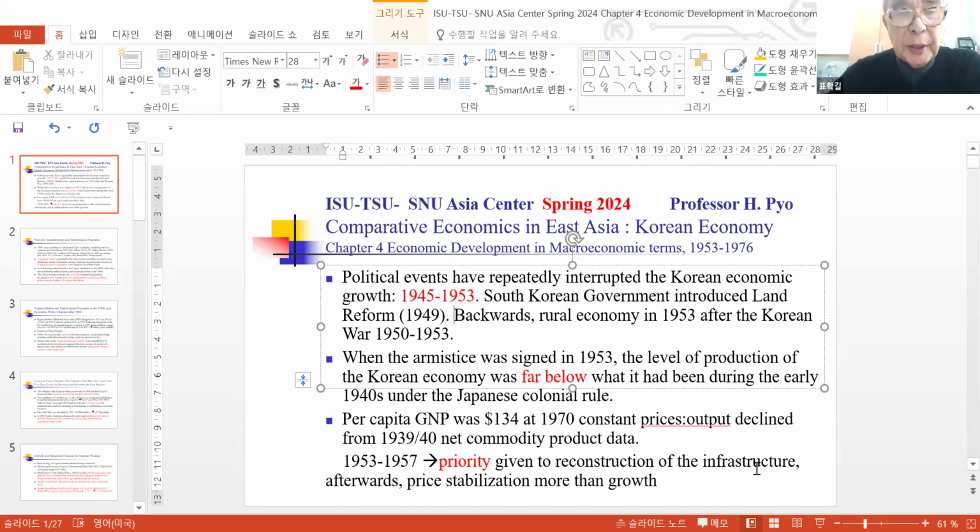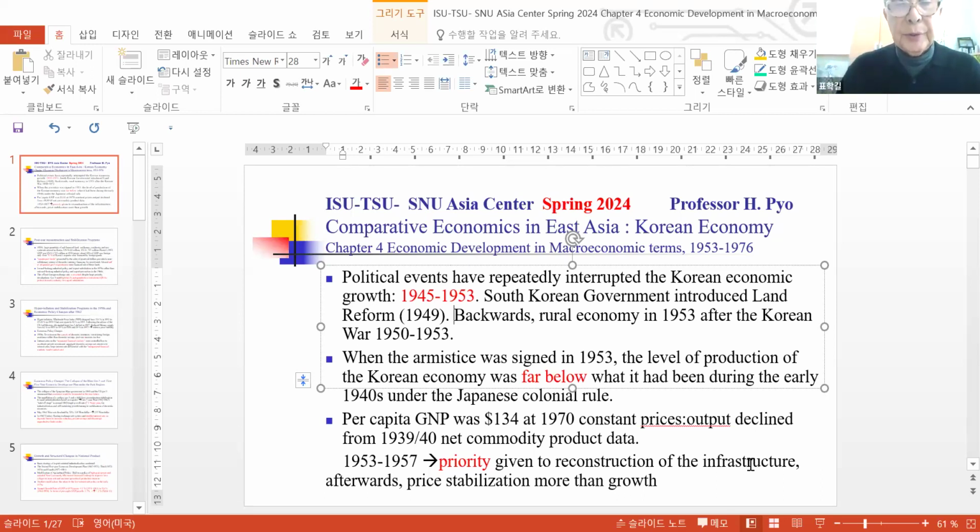For example, the German economy or East European economies, after 1945, went through a similar hyperinflation period because of war damages during World War II. Commodities and farm products were not normal, and there was a lot of population increase after the war. Therefore, there was a shortage of food and commodities. Therefore, what happens? Inflation is hyperinflation.